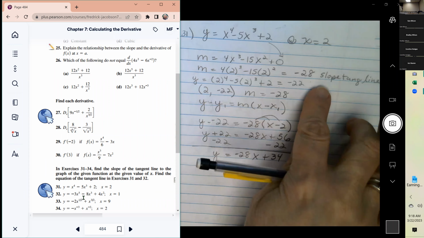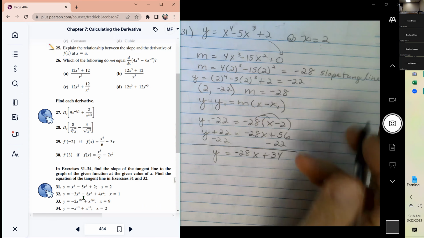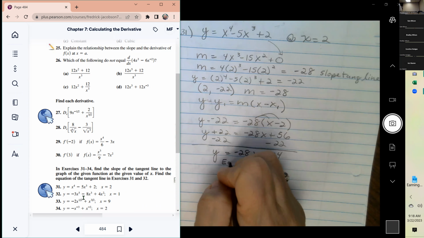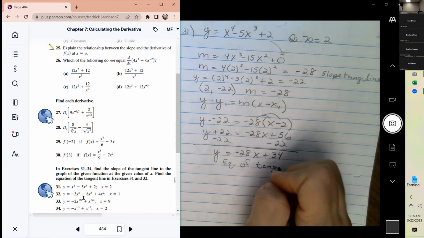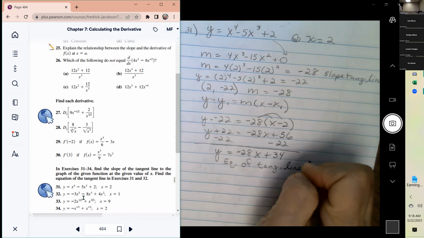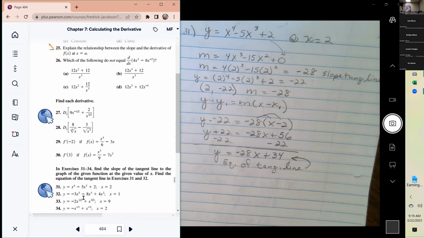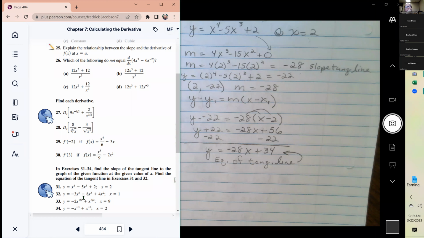So this is the slope of the tangent line. This is the equation. Any questions?